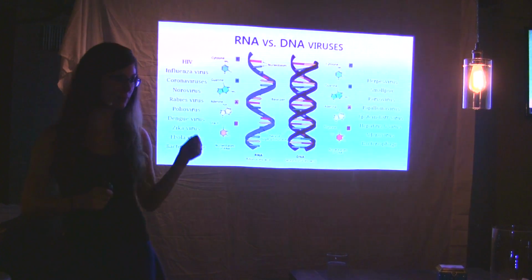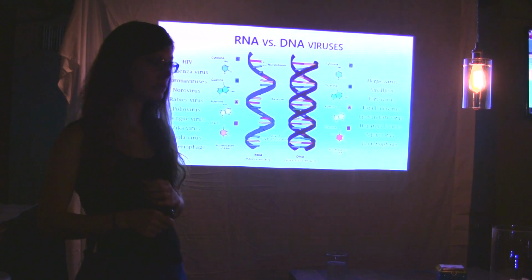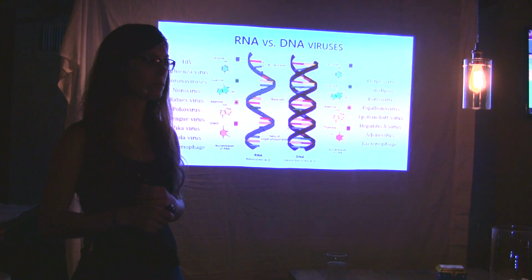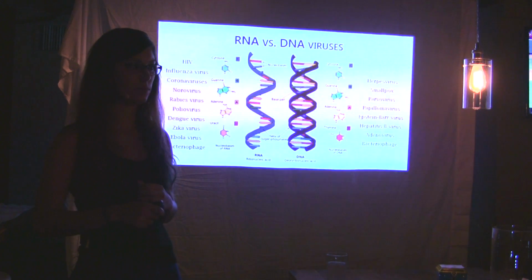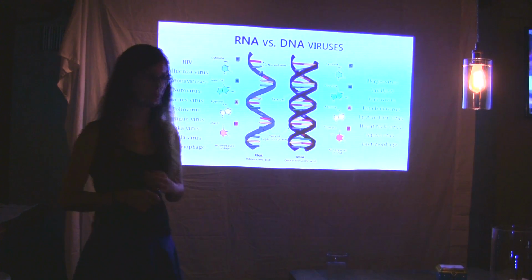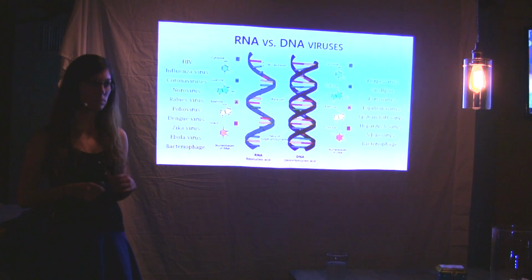The mistakes that are made with an RNA virus like the flu virus are the reason why every year we get a new flu vaccine, where they say it's a different strain, because it's constantly making mistakes and it's essentially a different virus.